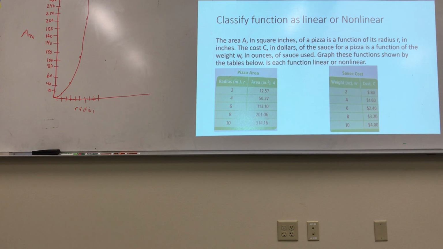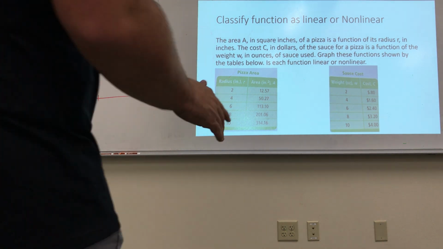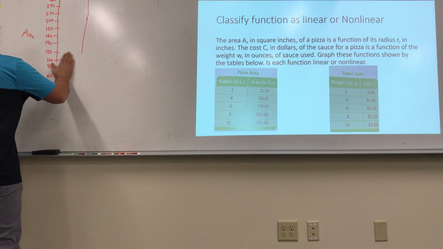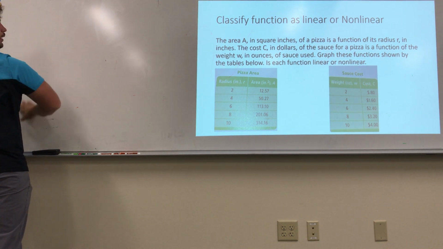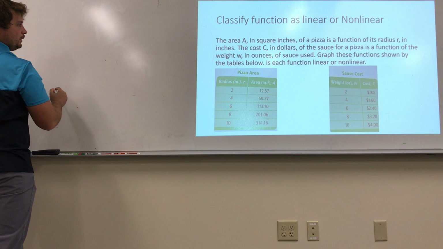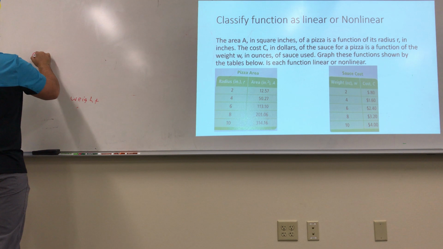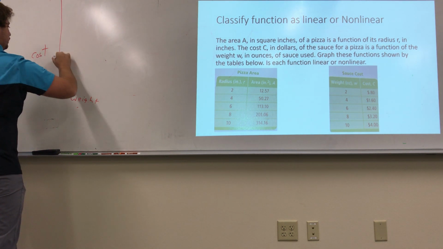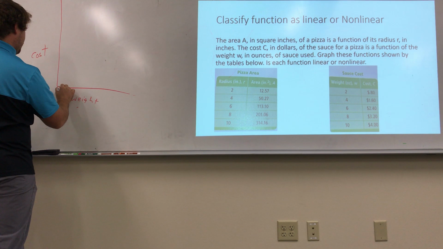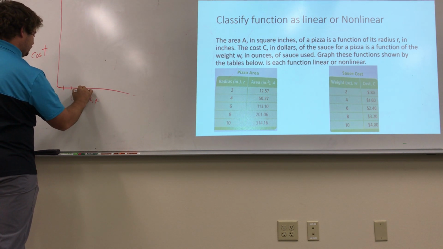Okay, now we have the other one. Now my big graph could probably be erased. Okay? So, we want to know if this one's linear. So we're going to have weight. I'm going to put weight down here. And cost. Alright. 1, 2, 3, 4.